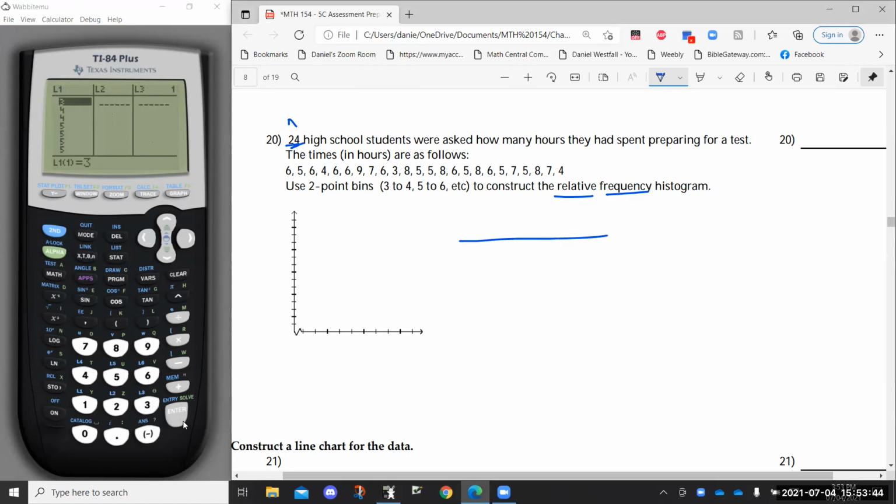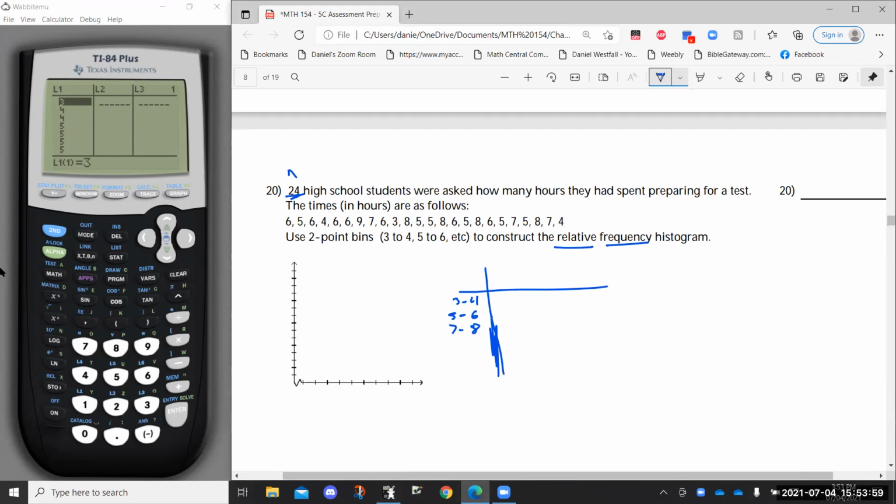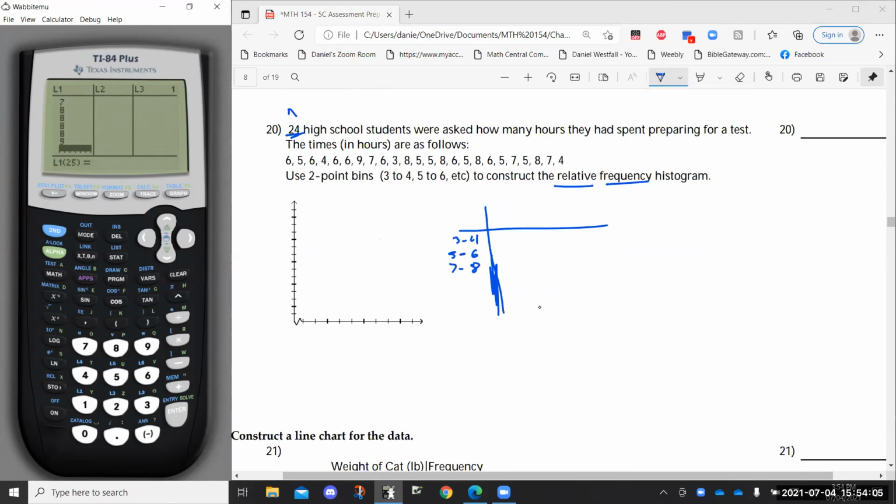Do not have to make the stem and leaf plot here because there's not 2 digits, right? It's only 1 digit, no use making a stem and leaf plot for this. We're just going to have to sort them by hand, and we're going to have to put them in bins that are 3 to 4, 5 to 6, 7 to 8. Let's see what my highest value is here. We've got 9s, so 9 to 10 is going to be my last bin.